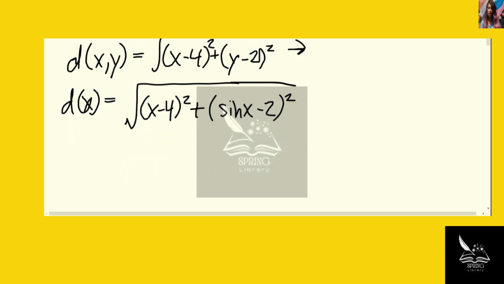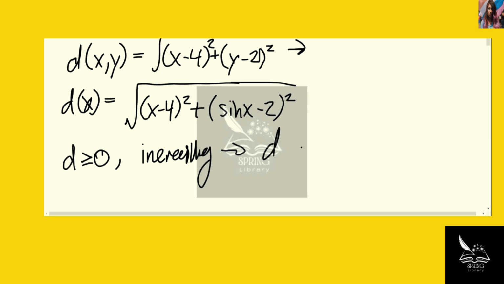Now, our distance function d is non-negative and is increasing. Therefore, it follows that our distance d is minimized when its square, which I'll call f, which is d squared, is minimized.